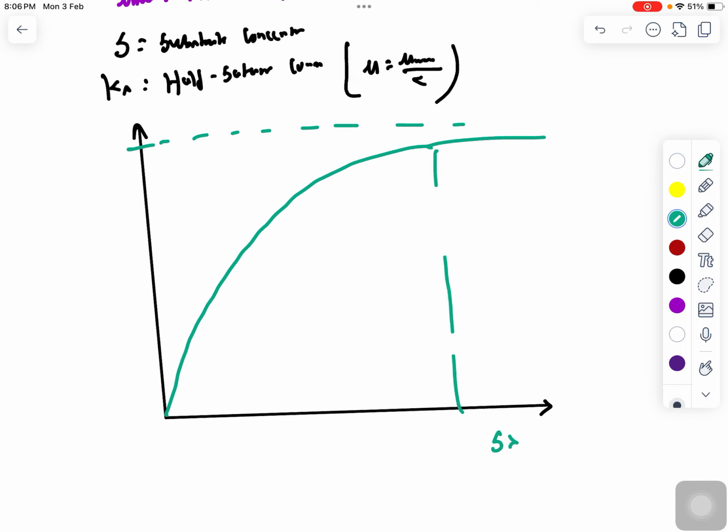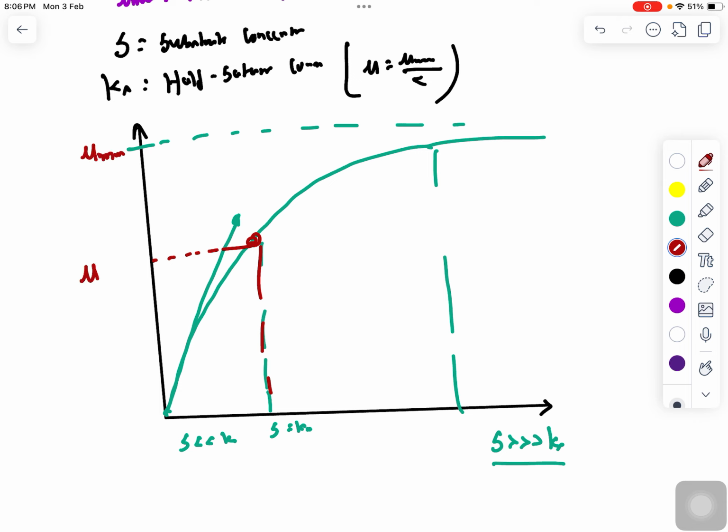Here S is much greater than Ks, and in this region it follows zero order, and in this case S is much less than Ks, following first order, and S equals Ks at this particular point, and that will be mu max divided by 2 when the substrate concentration becomes equal to the saturation constant value.